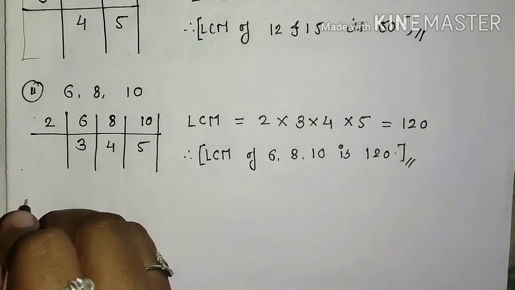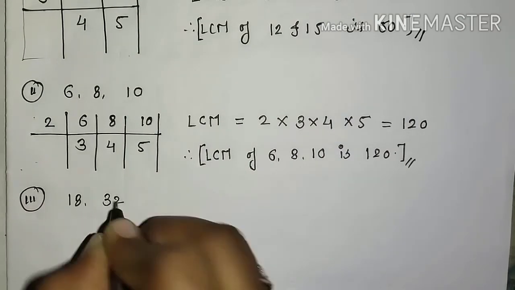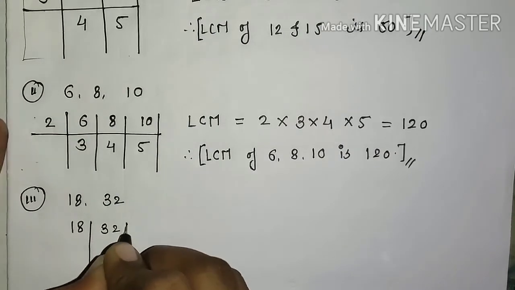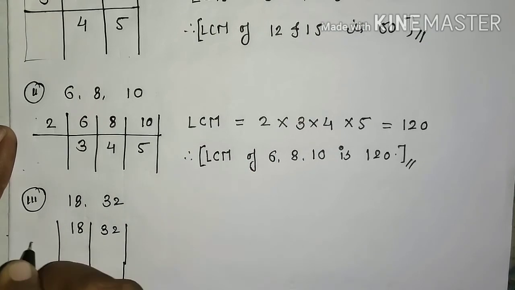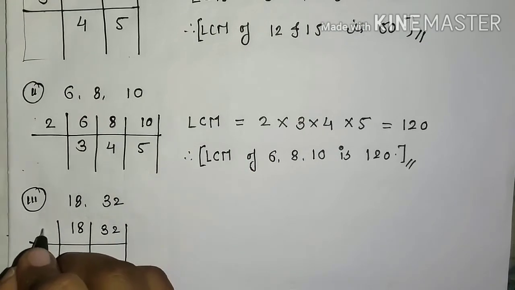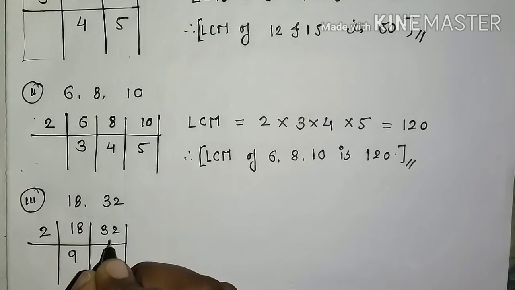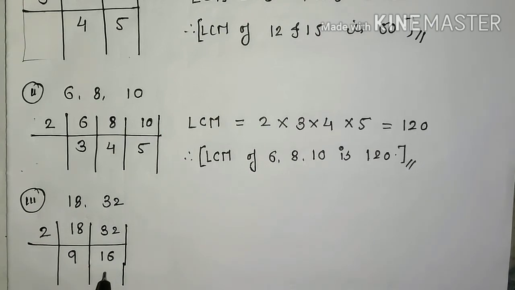Question number 3, 18 and 32. Let us make the arrangement. So here we have the arrangement. Now both the numbers can be divided by 2. 2 9s are 18. If we divide 32 by 2, we get 16. Now here 9 and 16 cannot be divided by the same number. So we have to stop the process.